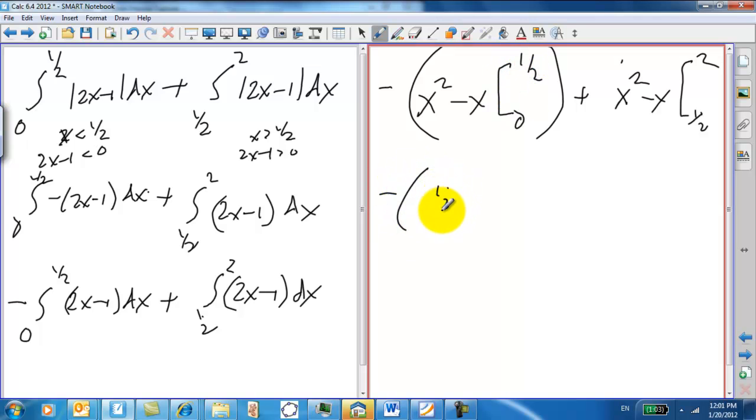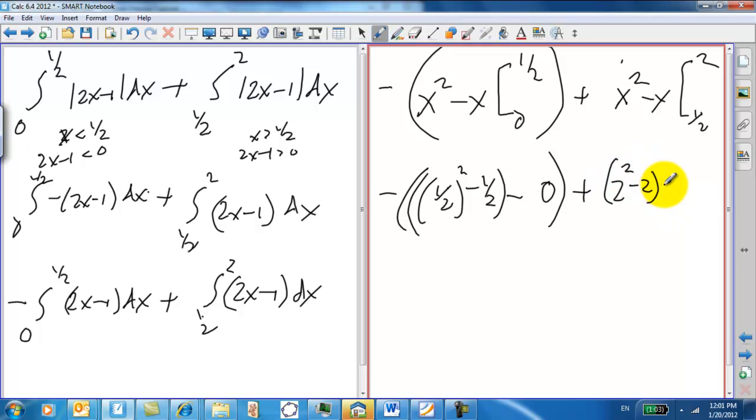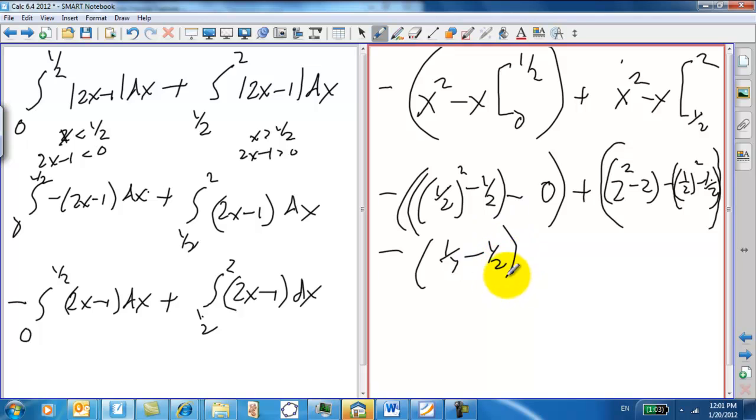So it's 1/2 squared minus 1/2. All of that minus, put in 0, and you just get 0. Now this one's going to be a little trickier. We've got to put 2 in, 2 squared minus 2, and then put 1/2 in, 1/2 squared minus 1/2. But all that gets subtracted. So we have the opposite of 1/4 minus 1/2.